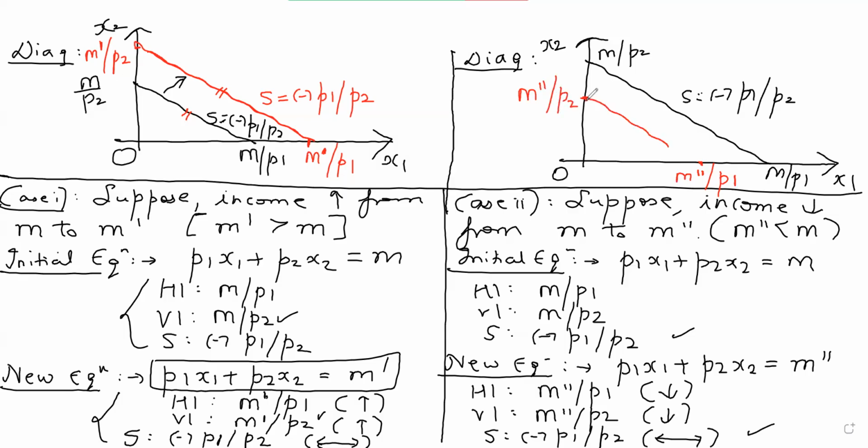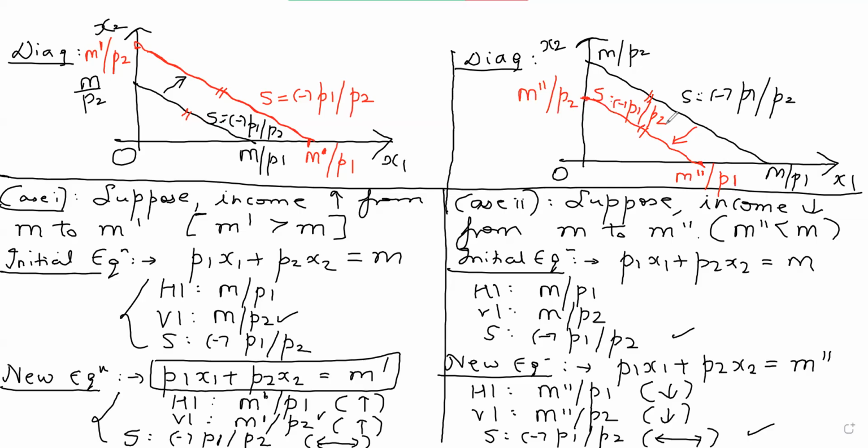Both have fallen and it's a parallel shift because my slope is unchanged. The slope of the red line is also the same, minus P1 over P2. So if we conclude, keeping the prices of both the goods unchanged, an increase in income causes a parallel rightward shift in the budget line.